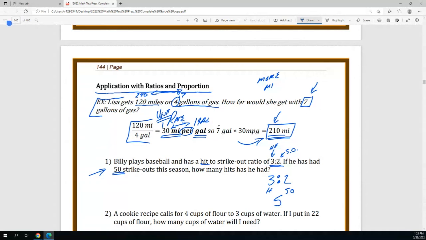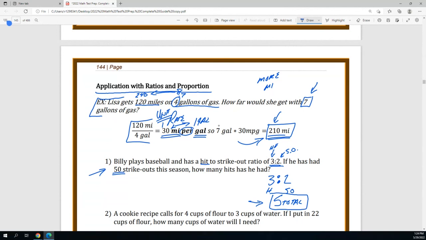Let me show you why. Let's say Billy goes up to hit a total of 5 times. Well, 3 of those times he'll get a hit, and 2 of those times he's going to get a strikeout. So you can think about it like, for every 5 times that Billy goes up to hit, he's going to get 3 hits and 2 strikeouts.